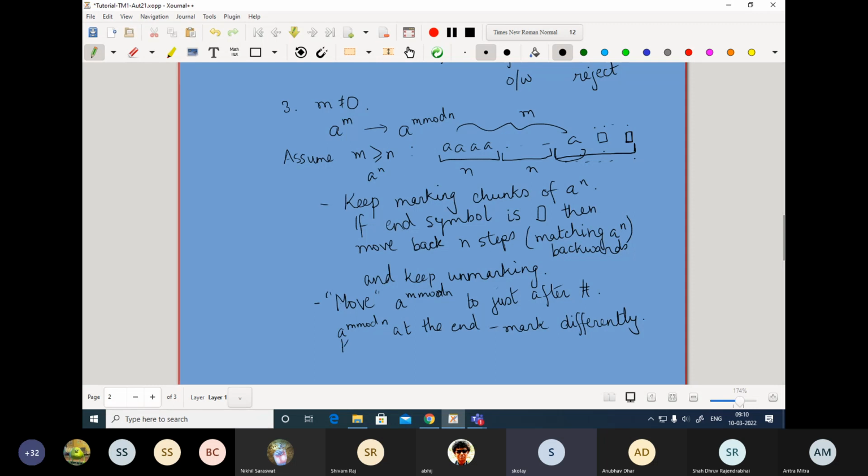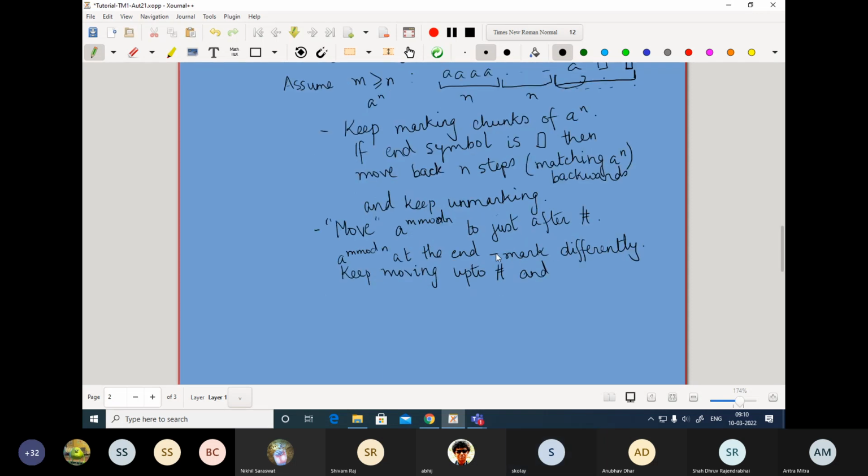Now keep moving up to hash and unmark as matched with the newly marked symbols of a to the m mod n at the end.